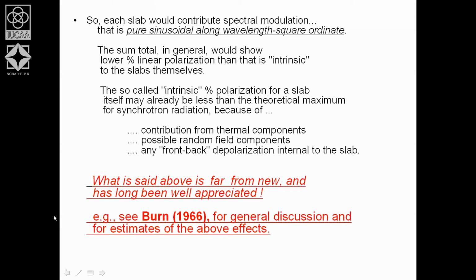And he basically showed that each one of the foreground Faraday screens, the rotation measure associated with it, will be accompanied by a sinusoidal imprint in the spectral domain, much the way I described just now. For a given rotation measure, there will be a unique sinusoidal pattern in the spectrum.